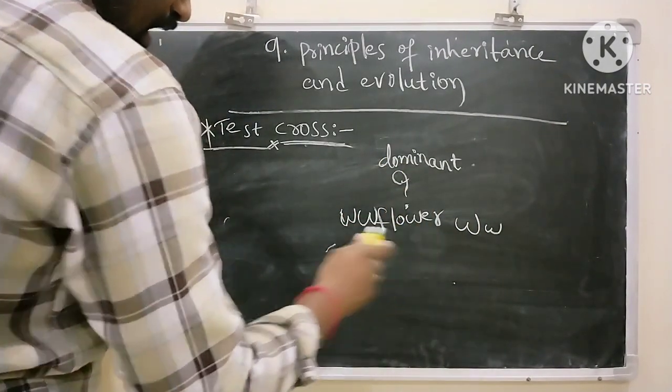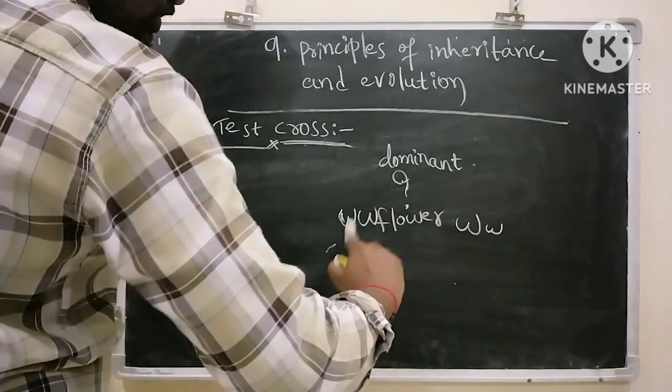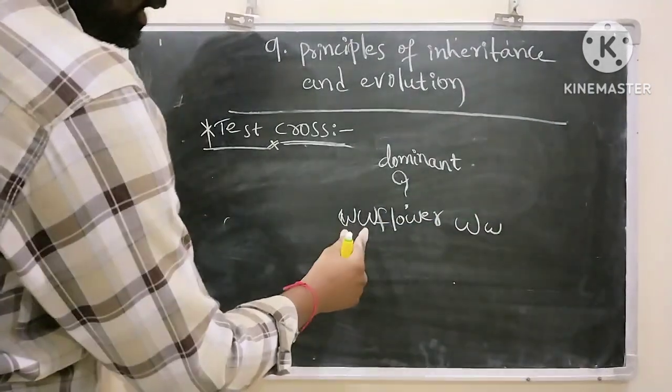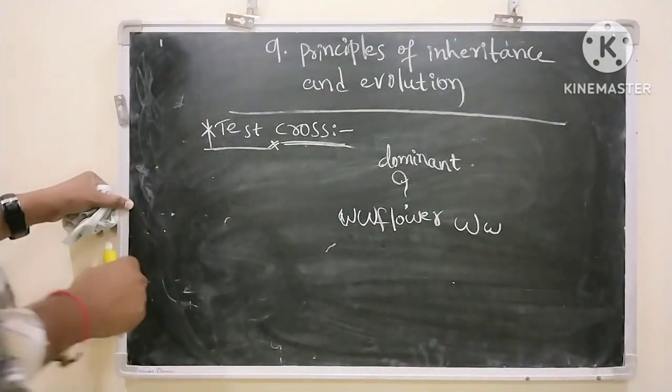This flower contains either this type of alleles or this type of alleles, meaning genotype. Why? Because either like this it is violet color, or like this it is violet color only.